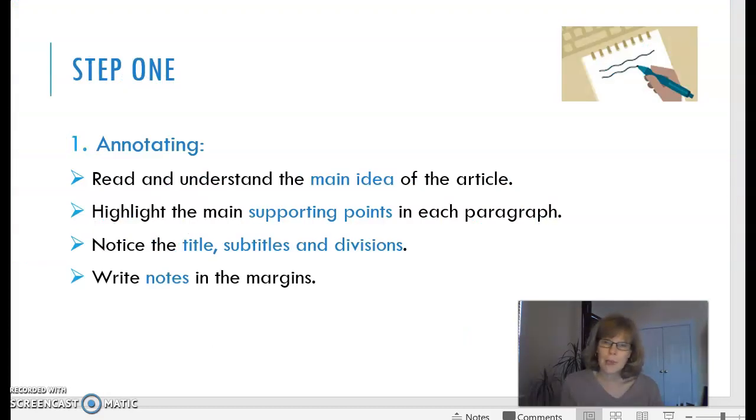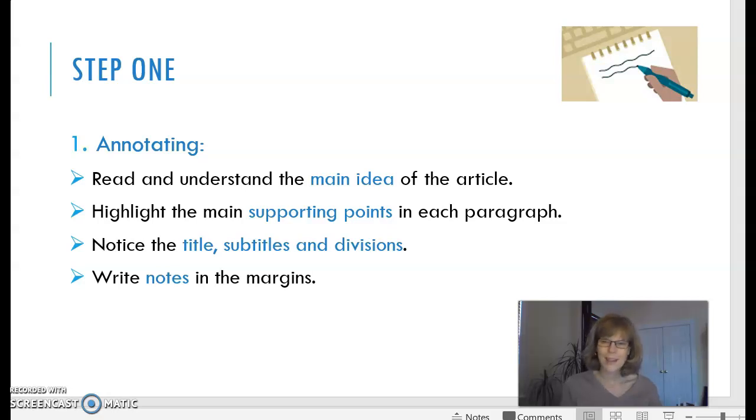So here are some basic steps I want you to keep in mind as you look at reading 6, as you begin to annotate and then take notes. And really, annotating is the beginning of taking notes. Read the article, understand a main idea of the article, be looking for that, and then supporting points, highlighting something in each paragraph.